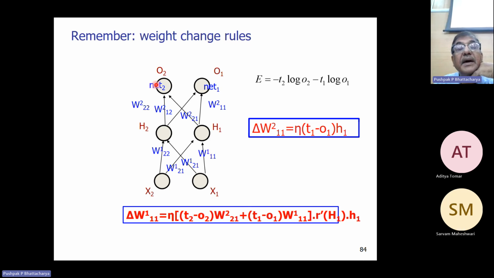The backpropagated delta is T2 minus O2 multiplied by the weight used backward, this weight, W221, plus T1 minus O1 multiplied by W211, this weight used backward, into the station derivative at H1. The station derivative is R dashed H1, where R is the ReLU function, multiplied by, it should be X1.